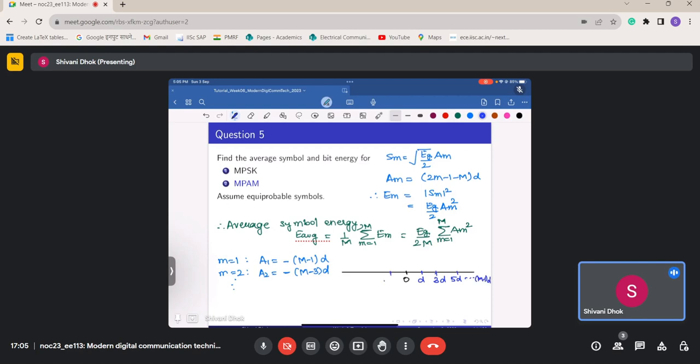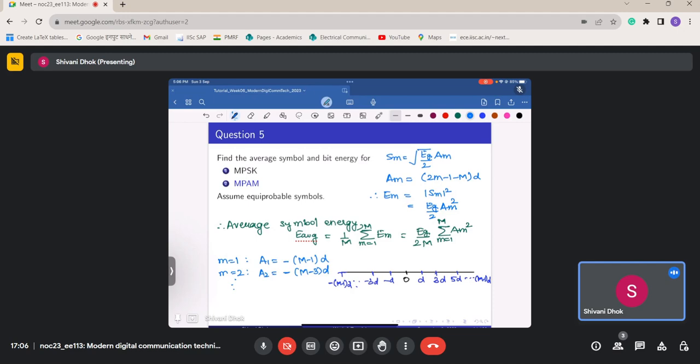Then I'll have minus d, minus 3d, and so on till minus of (M minus 1)d. So basically this Am is varying from d, 3d, 5d, up to (M minus 1)d, and again on the negative side it is minus d, minus 3d, and so on.